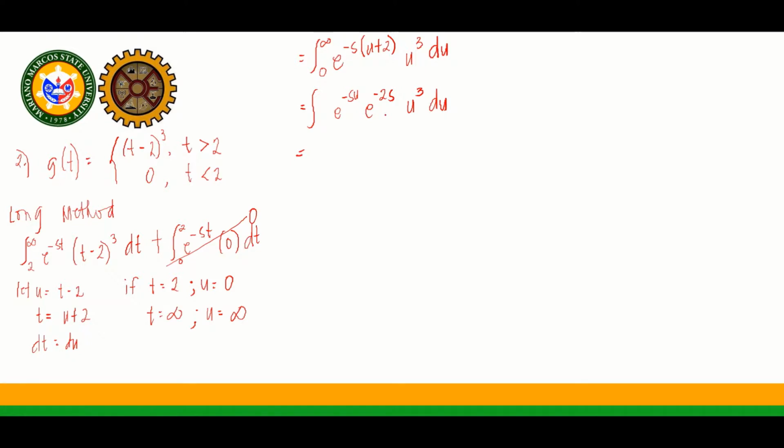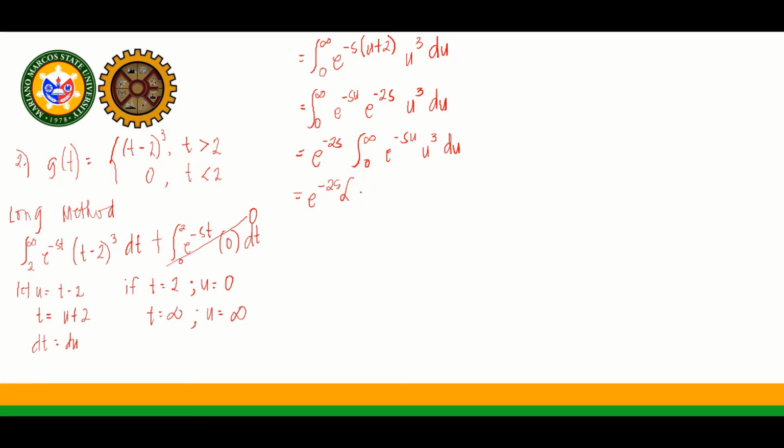Okay, so since e raised to negative 2s is constant, we can isolate it: e raised to negative 2s, and then the integral from 0 to infinity of e raised to negative su, and then u cubed du. From there, this is equal to e raised to negative 2s times the Laplace of u cubed, since this is our function.